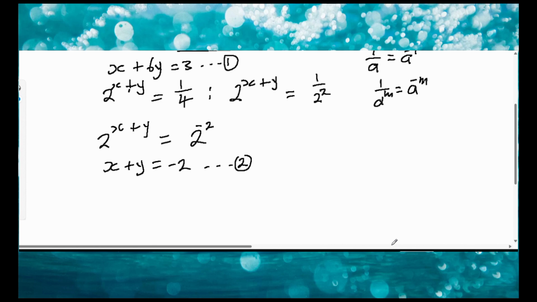So let us use the elimination method here, and in the elimination method I'm going to be subtracting equation 2 from equation 1. So I will have equation 1 minus equation 2, right? So my equation 1 is x plus 6y equal to 3.